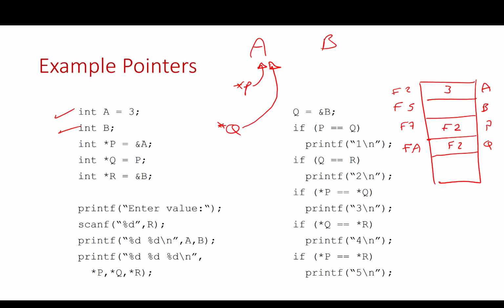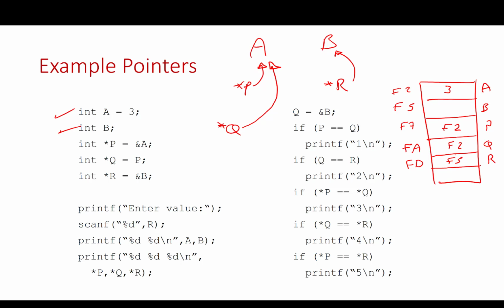And then after that, the next line, we have another pointer, which is called R. And this pointer is pointing to B. So I have here R, and this is FD, and this is pointing to B, which is F5, right? Okay?